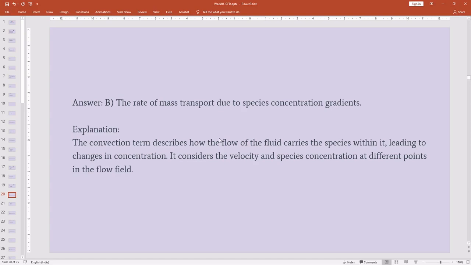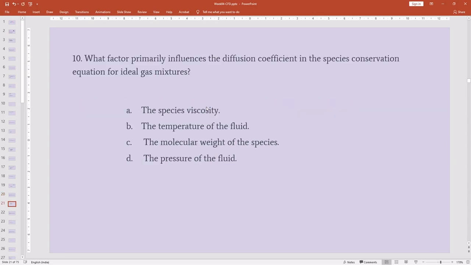So the list of our options is matched with the rate of mass transfer due to concentration gradients. So, you got the idea. Next question: what factor primarily influences the diffusion coefficient in the species conservation equation for ideal gas mixtures?